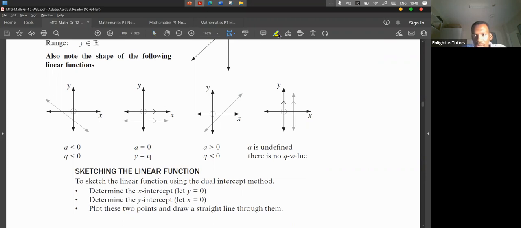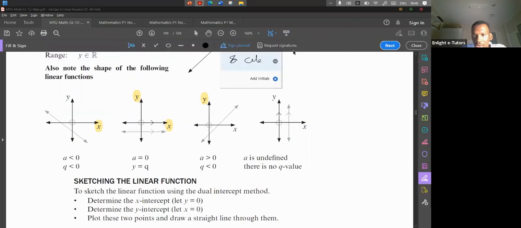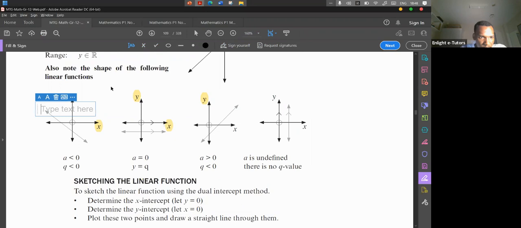Come on, you can't give me a pen. Okay. It doesn't work. Oh, you see, it's the pen. Sorry. The pen. Oh, okay.